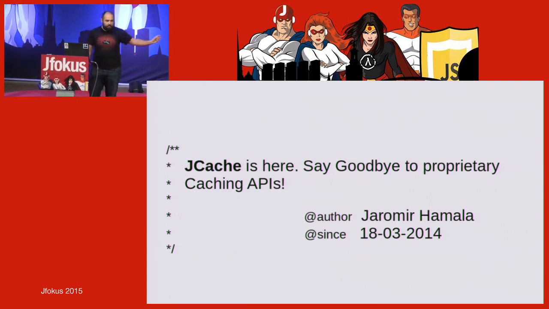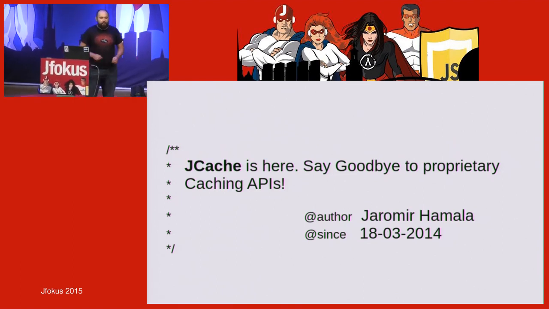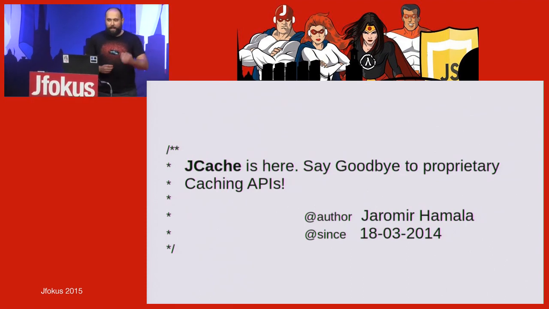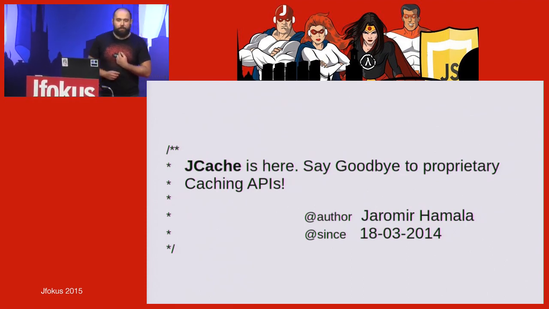There is nothing to argue about because JCache is here. The second part, well, my ambition for this talk is not to give you an answer, but to help you find the answer yourself, because obviously this depends on the very use case or use cases you have. So I'm here to help you find the answer.